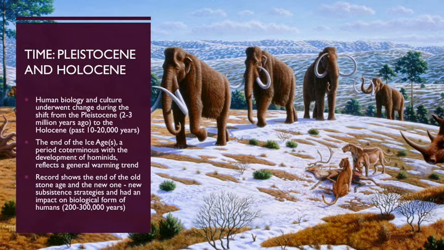But with the shift to the Holocene and moving up to the number 10,000 years before present, there is something very big that happens in the archaeological record. The human remains change dramatically, and the artifacts in association with humans change as well.